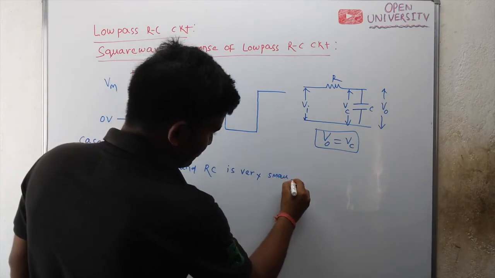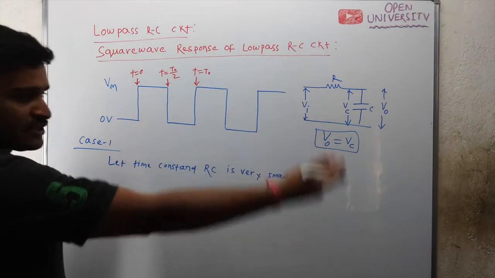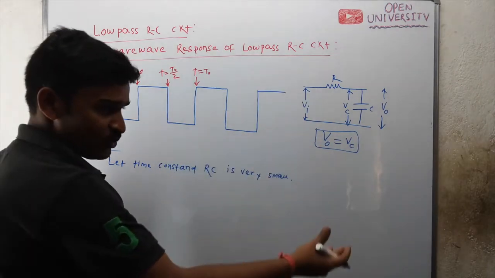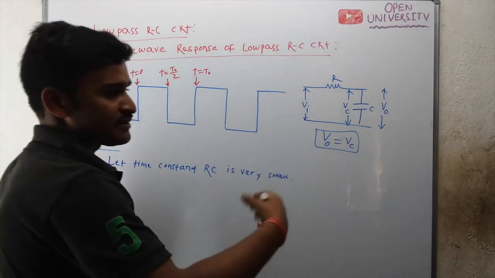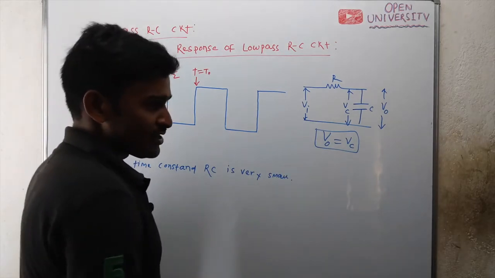If time constant is very small, that means charging time will be small and discharging time also small. That means capacitor will charge rapidly and also discharge rapidly.